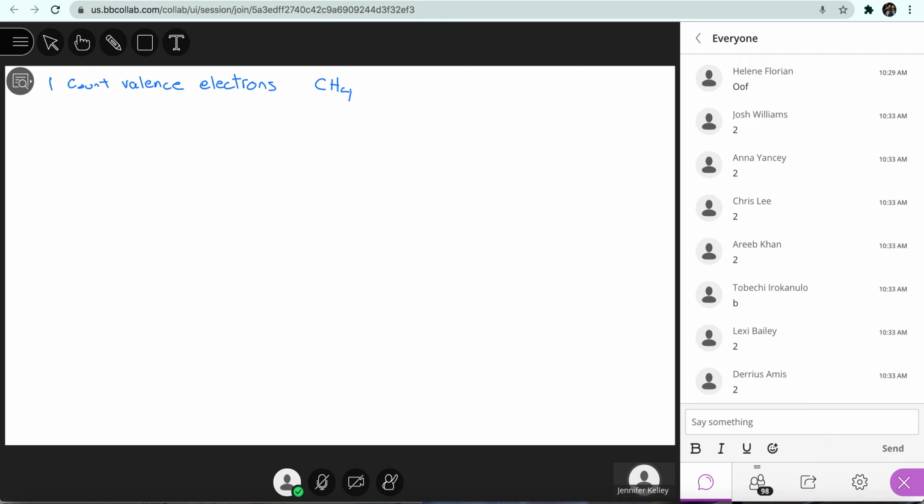Then we would count the valence electrons. To figure out the number of valence electrons, it's going to be the same number of valence electrons as the group. So assuming we're using the AB numbering system. So the AB numbering system looks kind of like this.